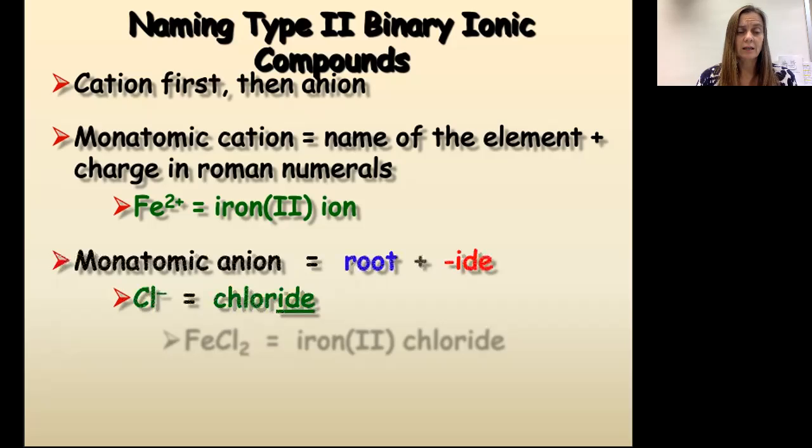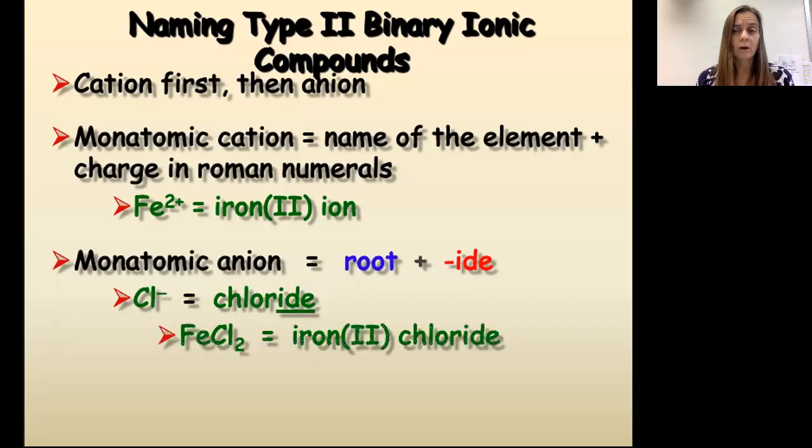We're going to change the ending of our anion from ine to ide, and we're going to have iron(II) chloride, and that II is necessary so that when we read the name iron(II) chloride, we know that this is iron with a charge of +2. This does not mean, as you see here, that there are 2 irons. This means that the charge of iron is +2, which then means that we have 2 chloride ions.